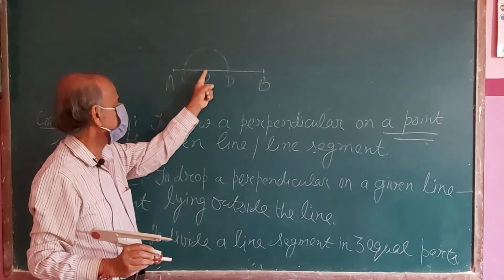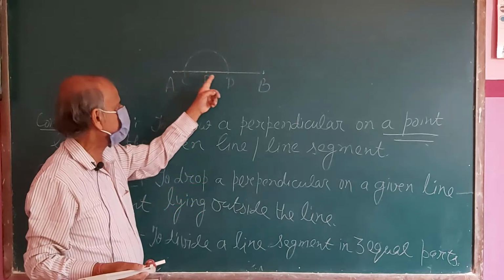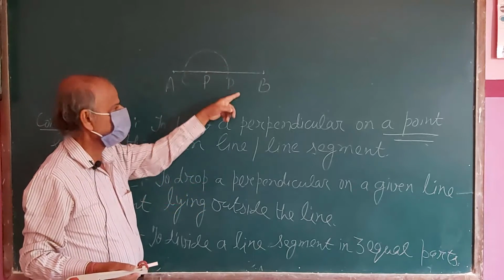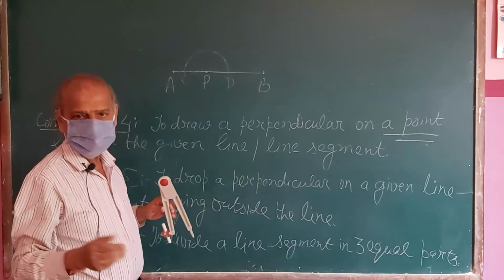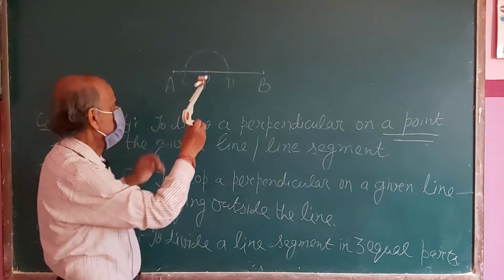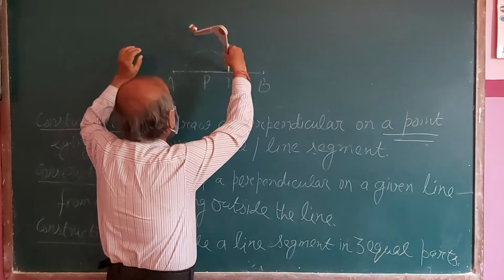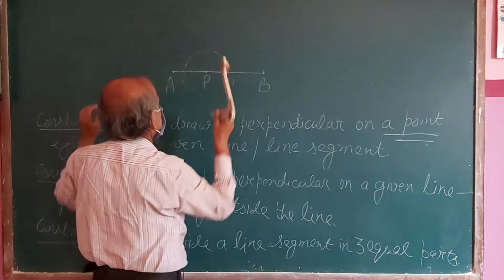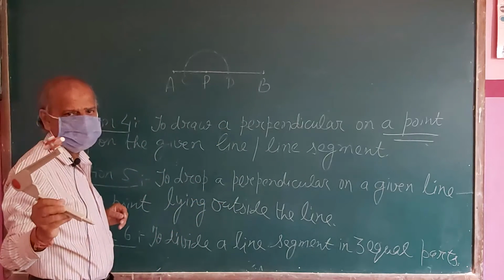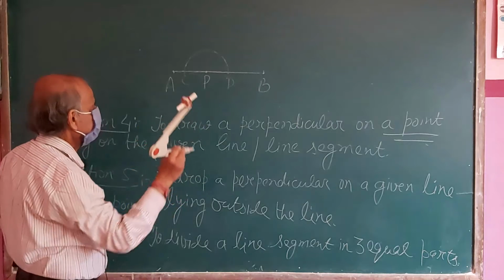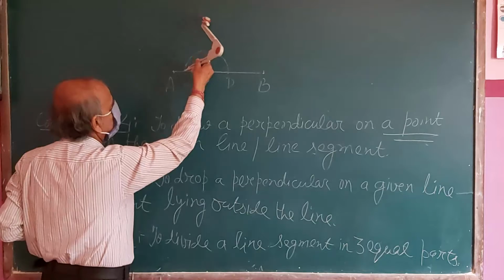More precisely, angle CPD is 180 degrees because it's a straight line. Now you have to bisect this angle CPD and you will get 90 degrees. How will you bisect? Yesterday I told you, you extend your compass and draw an arc, and again keeping the gap the same, without stretching or contracting it, you put your steel end at C and draw another arc.